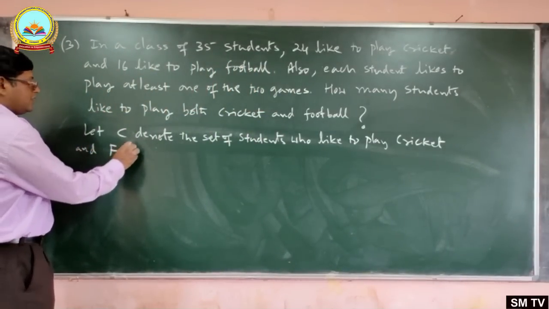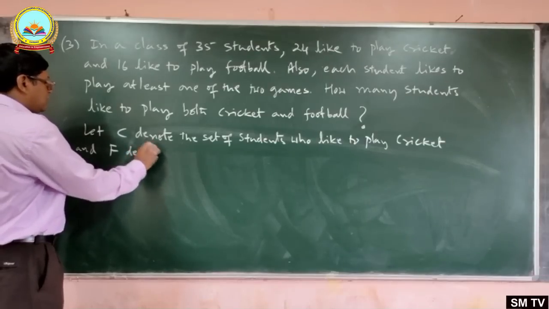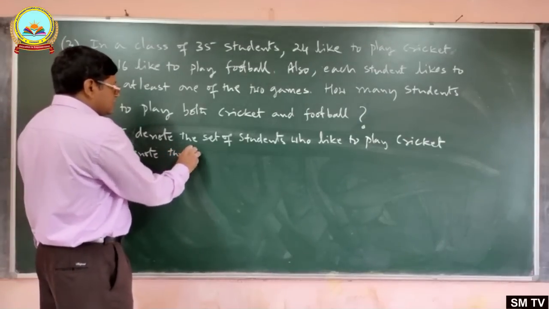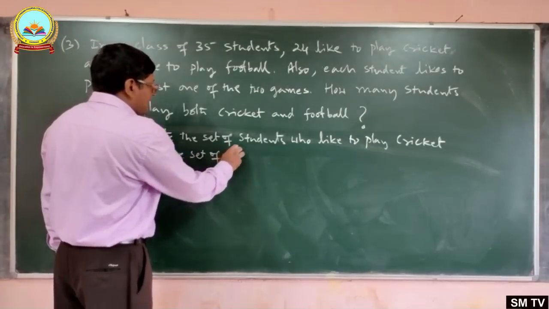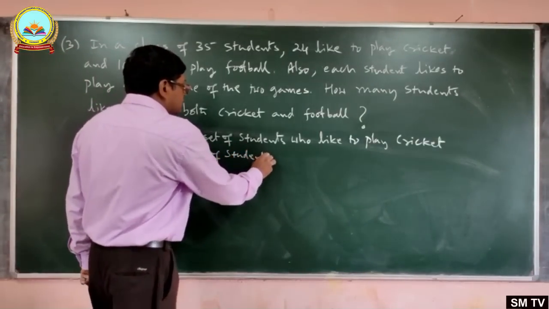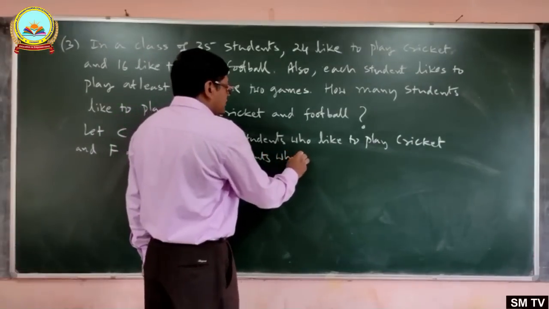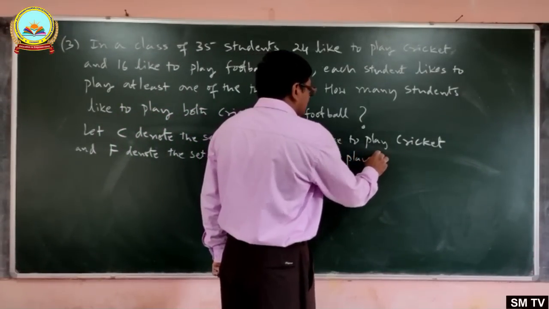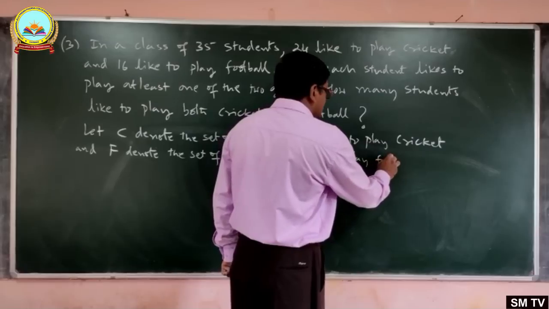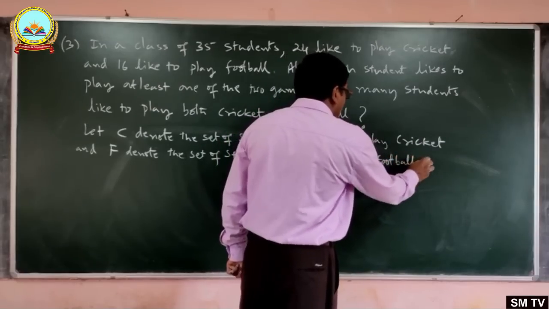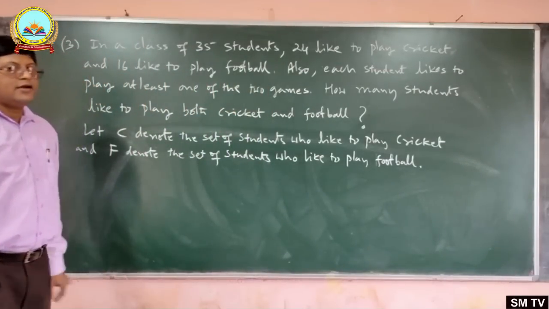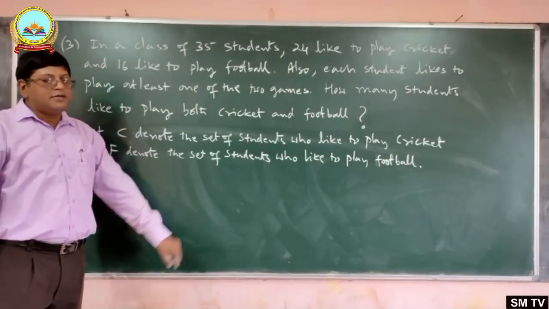And let F denote the set of students who like to play football. Okay. C denotes the set of students who like to play cricket. F denotes the set of students who like to play football.